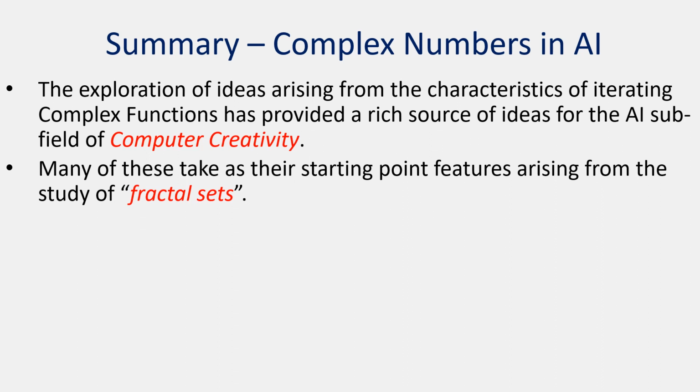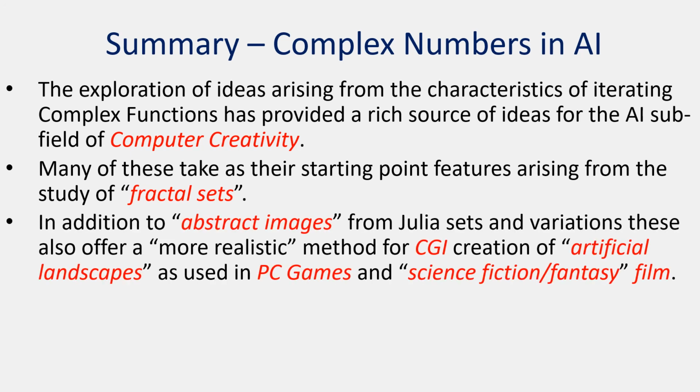And a lot of those take as their starting point this notion of a fractal set. So in addition to these kind of abstract image structures from Julia sets and variations on these, where we find applications are in, for example, computer graphics imagery in building artificial landscapes.